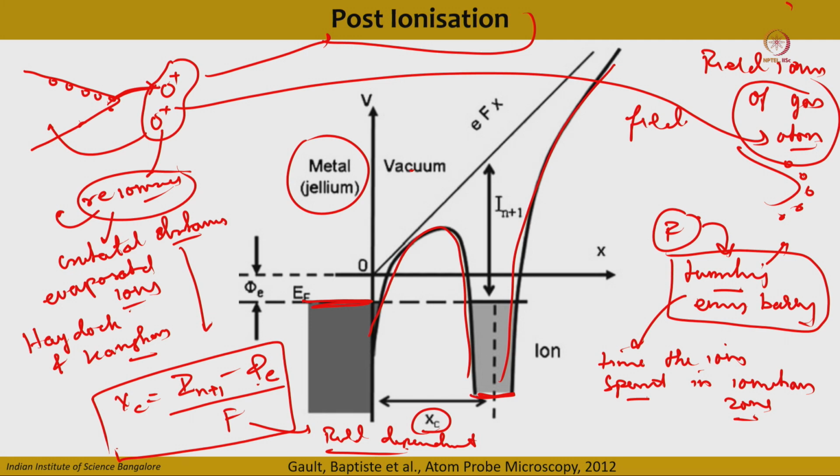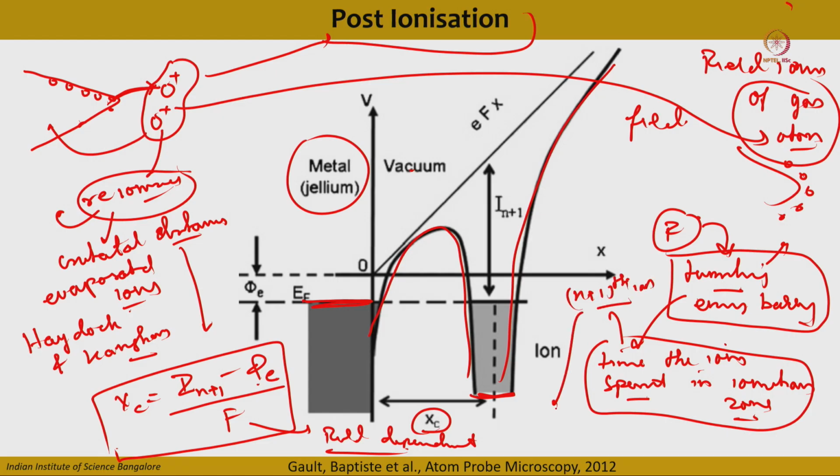Fine. And this is directly related to the probability of the (n+1) ion, which depends upon the velocity of the ion, which is also a function of mass.